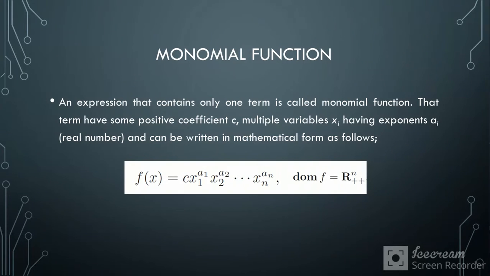A monomial function is a function whose expression contains only one term, and the single term has some positive coefficient c, with multiple variables x, like x1, x2 up to xn, with exponents ai, like a1 for the exponent of x1, a2 for x2 up to an for xn, and that exponent a must be a real number, and we can write a monomial function like this.